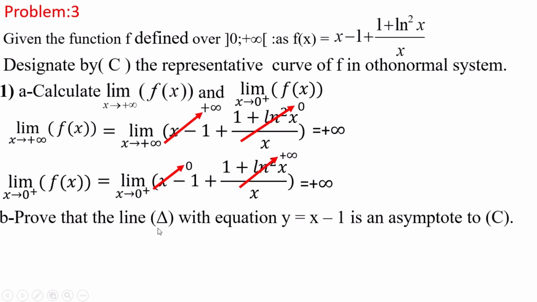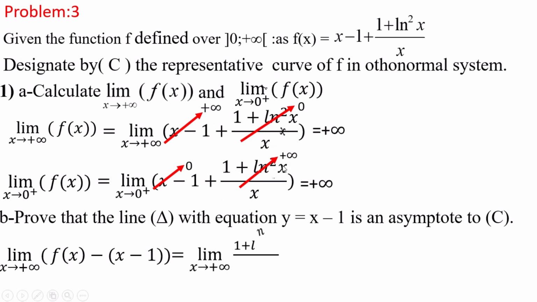How to prove that delta is an oblique asymptote? We find the limit of f of x minus y of delta. This limit will be equal to 0. If we subtract x minus 1 from f of x, we still have (1 plus ln squared x) over x as x goes to plus infinity, which is 0.